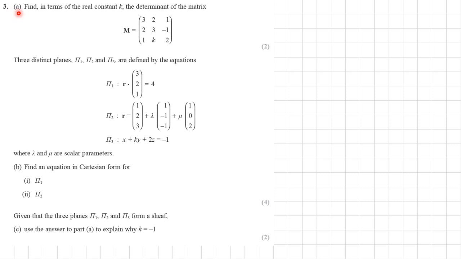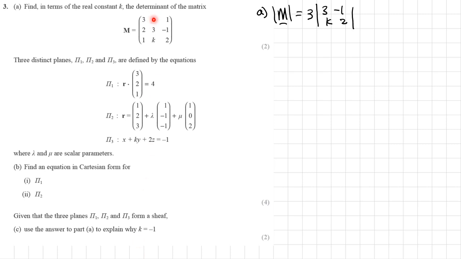Question 3, part A. Find, in terms of the real constant k, the determinant of this matrix M, which is 3, 2, 1, 2, 3, negative 1, 1, k, 2. Okay, so the determinant of M is equal to, we start with the first element and then write down its minor, so it's going to be 3 times the determinant of 3, negative 1, k, 2, not k plus 2, just k, 2.